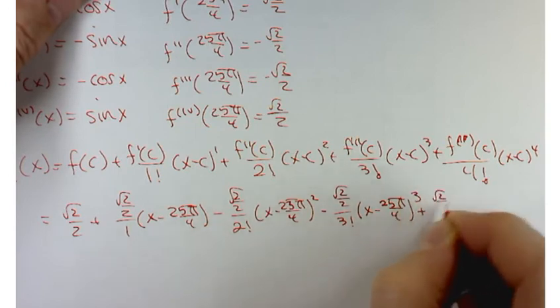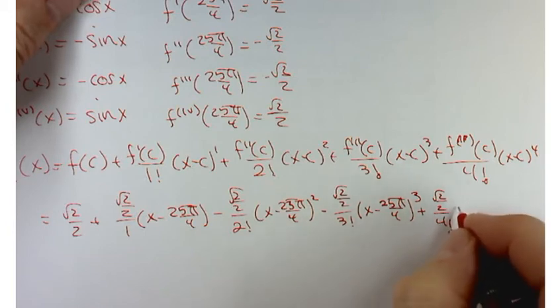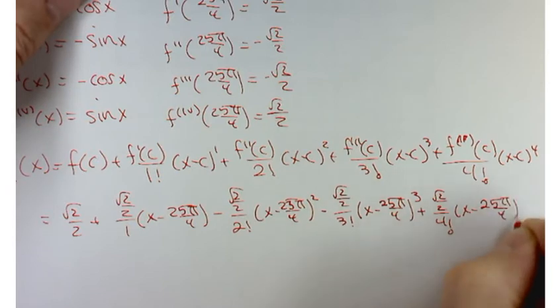And last but not least, root 2 over 2 over 4 factorial times x minus 25 pi over 4 to the 4th power.